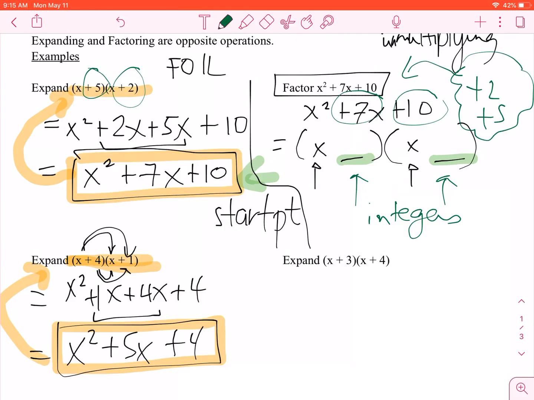Now you might notice 2 and 5, if we multiply them, 2 times 5, we do get 10. And at the same time, if we add 2 plus 5, we also get 7.